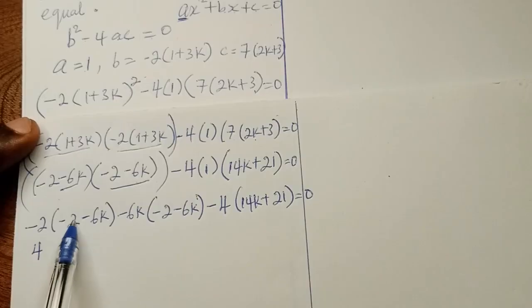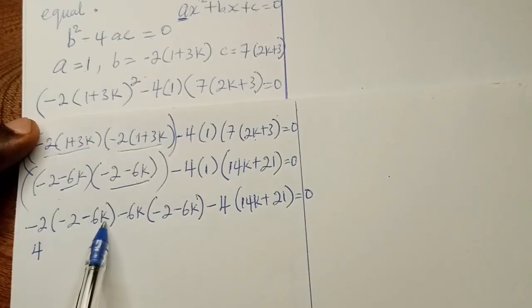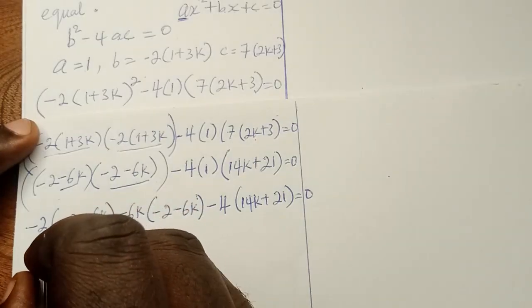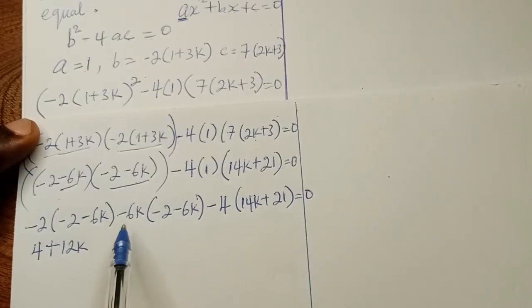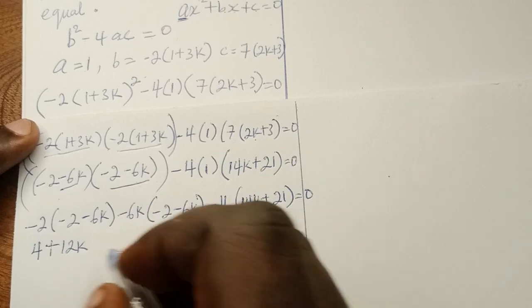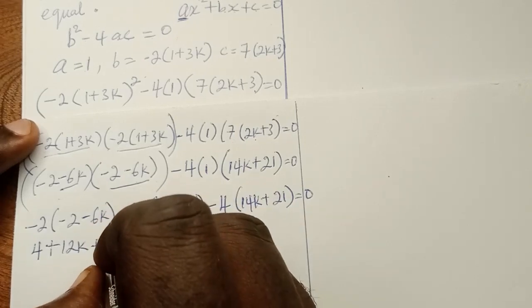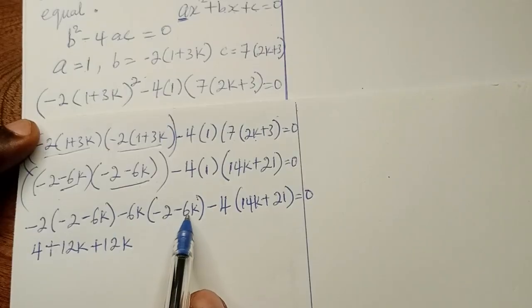Minus 2 times minus 2 is plus 4. Minus 2 times minus 6k is plus 12k. Minus 6k times minus 2 is plus 12k again. Minus 6k times minus 6k is plus 36k square.